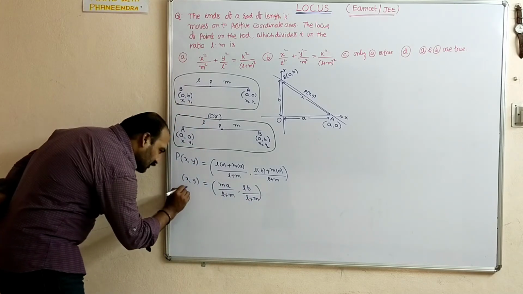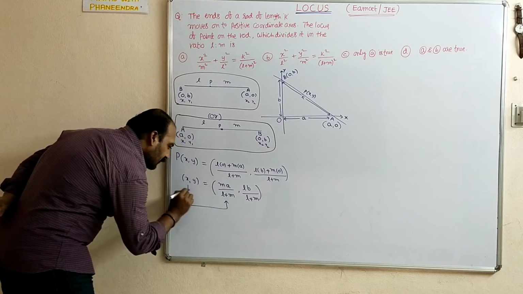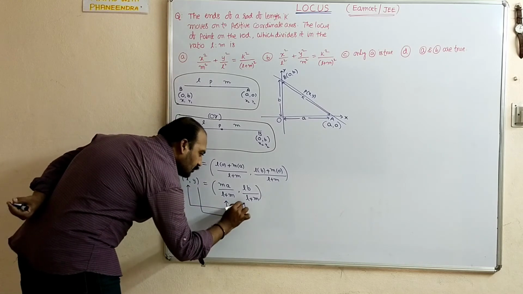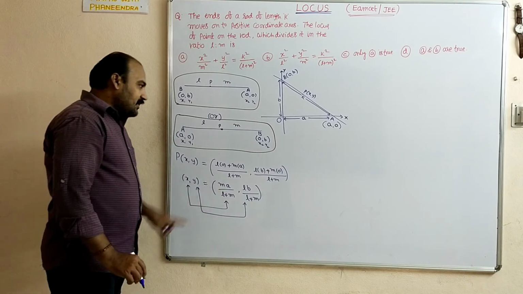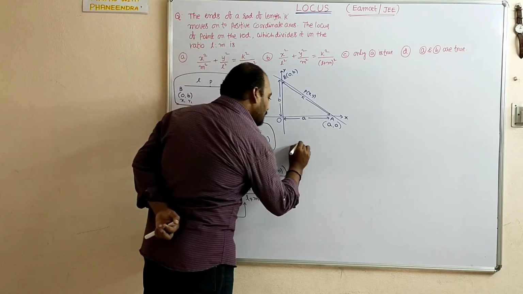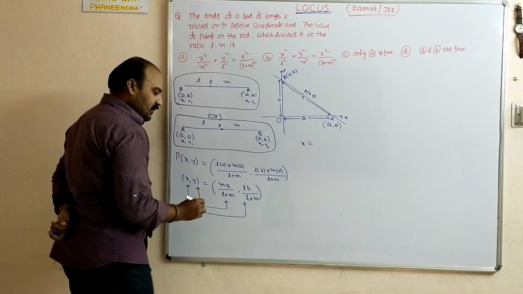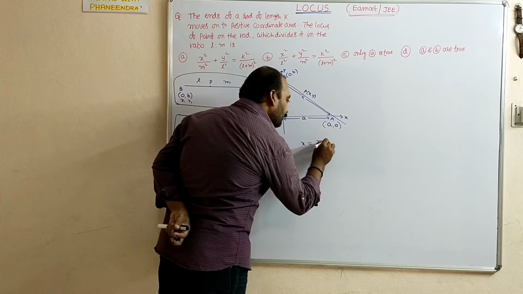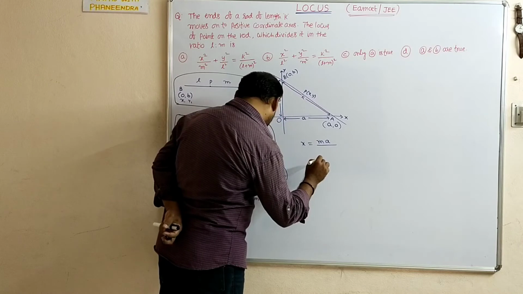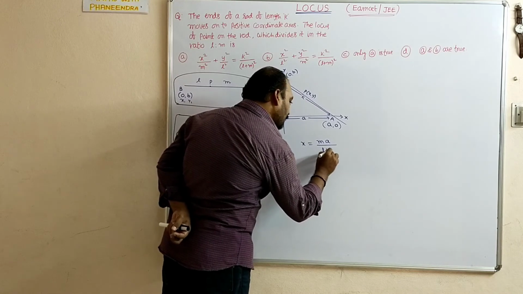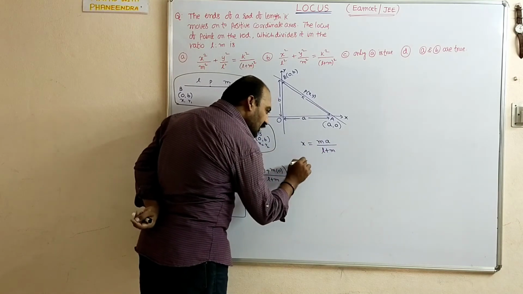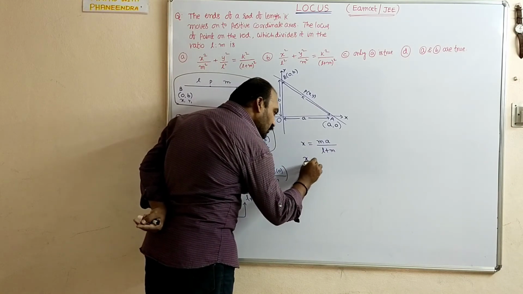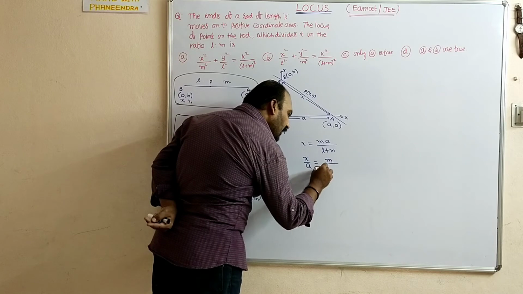From these two, if we equate, x is equal to ma by L plus m. So a I am taking here: x by a is equal to m by L plus m.